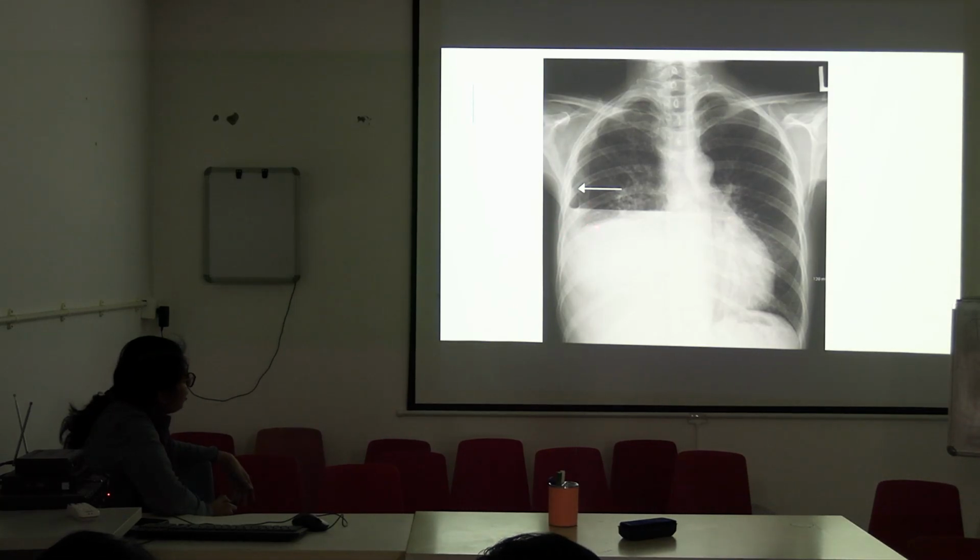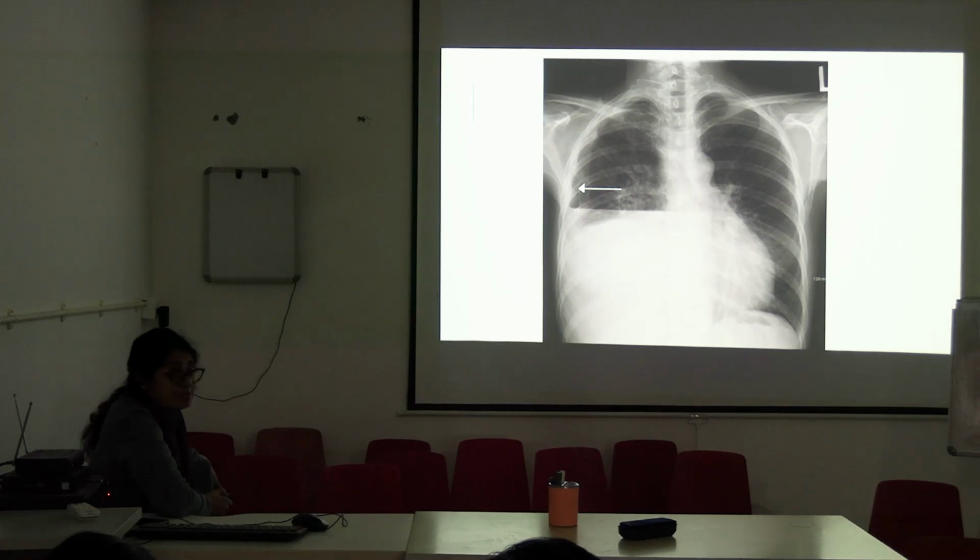This is the collapsed lung, the bronchovascular markings have become crowded near the hilum, as well as the lung border. Actually this is the medial border of the scapula, and this portion is the collapsed area. On this side there is a little air, and this is the level of the fluid. Since there is air above the fluid, we are calling it hydropneumothorax.